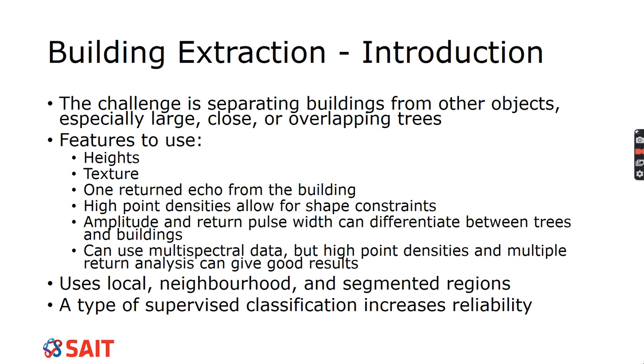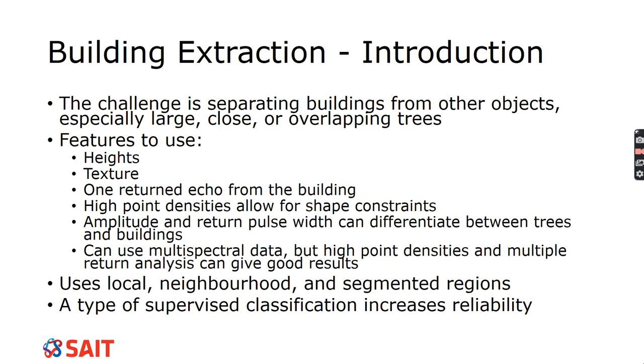So we can actually measure that pulse width with a full waveform Lidar, rather than just the time of flight. We can also look at it in terms of the horizontal versus the vertical. So that's another way of identifying it. Trees are going to be broken up into a lot of little pieces, right? You're going to have a lot of little returns rather than one big long return.